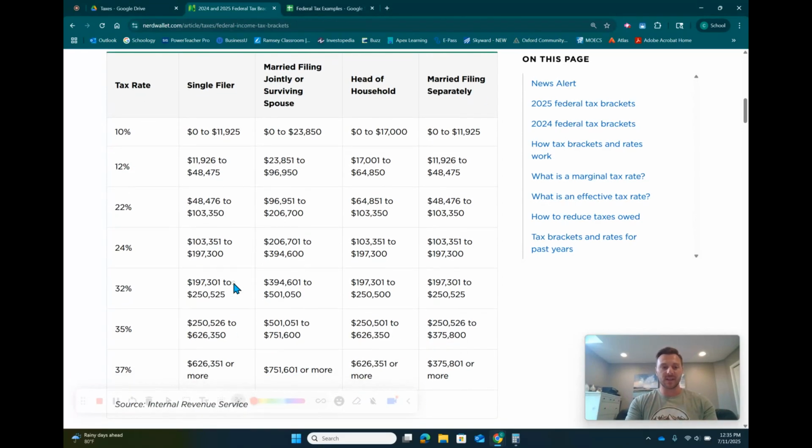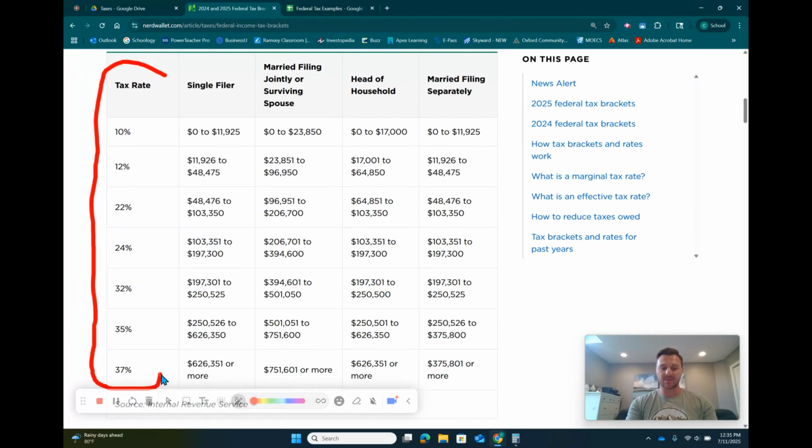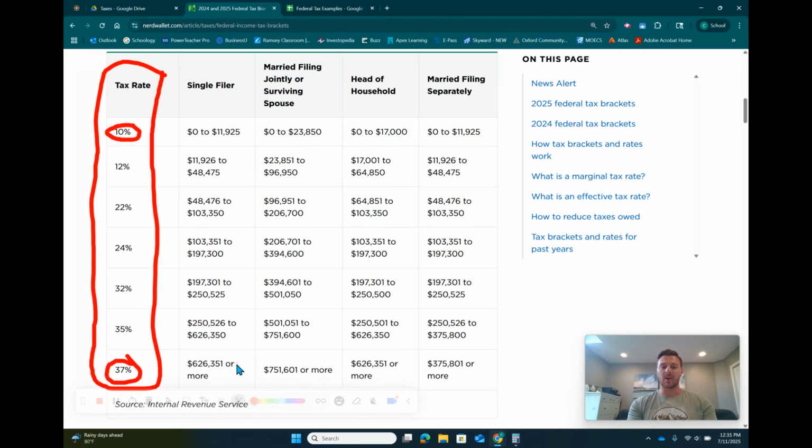Looking at the 2025 brackets, we are going to notice some different columns. The first thing to notice is on the left, we have the various tax rates that you pay in only federal. I can't stress this enough. It's not Social Security, it's not Medicare, it's not state income tax. Federal only. The lowest amount of federal tax you can pay is 10%, and the highest is 37%. So if you have $100, at worst, you have to give away 37. At best, you give away 10.